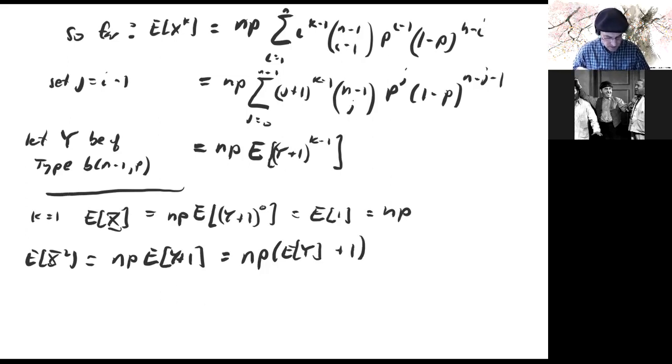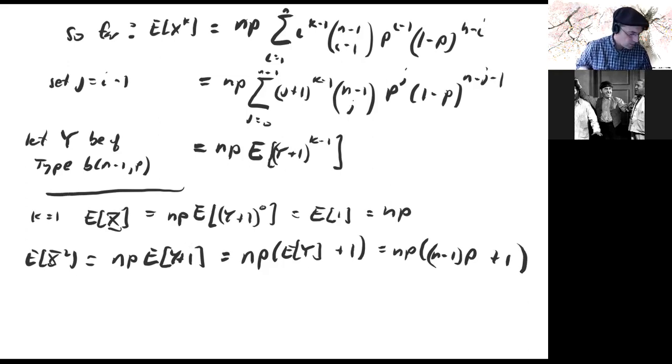And so this is going to be the same thing as np times, well, we know from the previous calculation with x what the expected value of y is by just replacing n by n minus 1. It'll be (n minus 1) times p, plus 1. Okay, so that's the expected value of x squared.